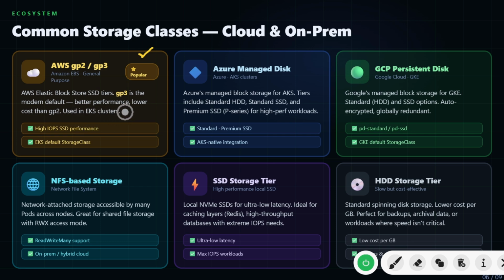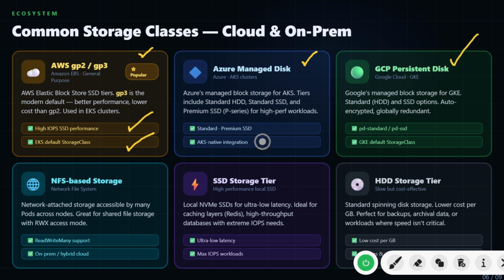It gives you better performance and lower cost than GP2, and it is used in EKS clusters. EKS is the AWS cloud managed Elastic Kubernetes Service, especially for high input output SSD performance, and it is the EKS default storage class. We are going to use this storage class.